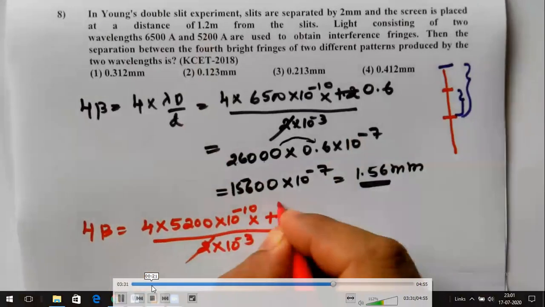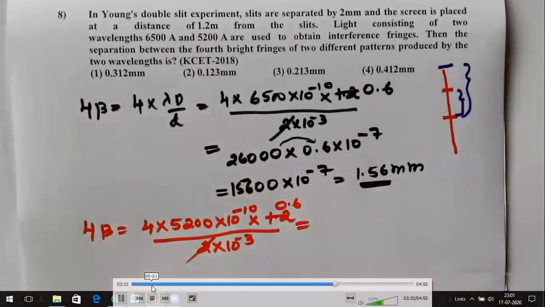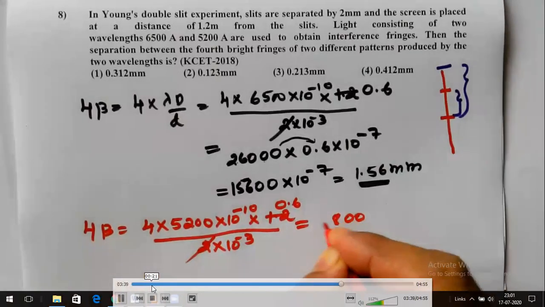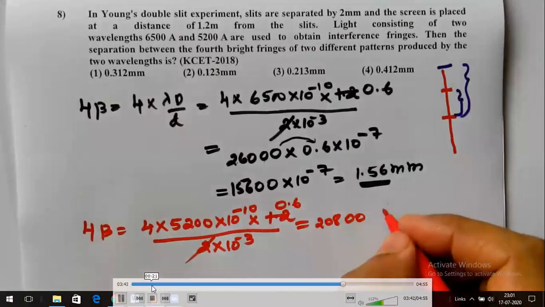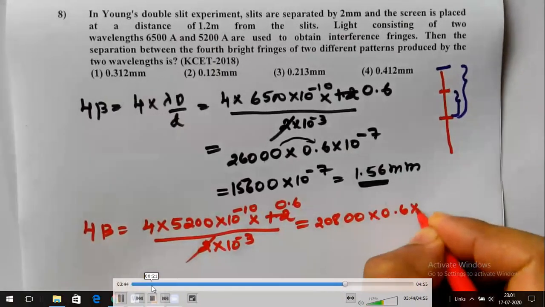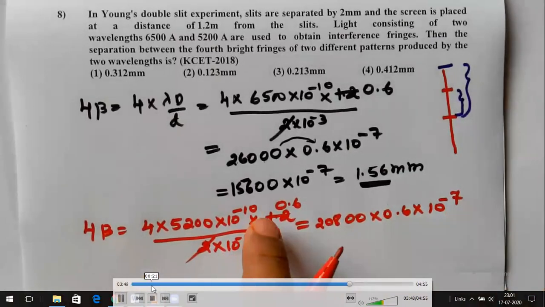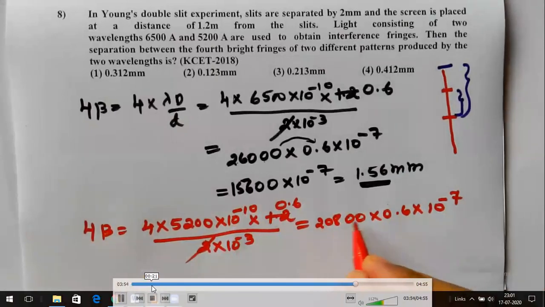Again this 2 will be 0.6 times, that is equal to, now 4 beta, 4 into 5,200, that is 20,800, into 0.6 into 10 to the power minus 7. Again minus 3 goes up and it becomes plus 3 and minus 10, 10 to the power minus 7. Now multiply this 2080, 10 donate it here, it becomes 6.